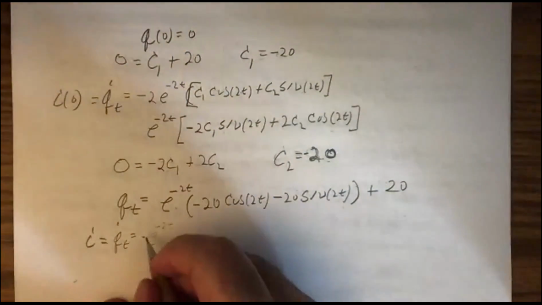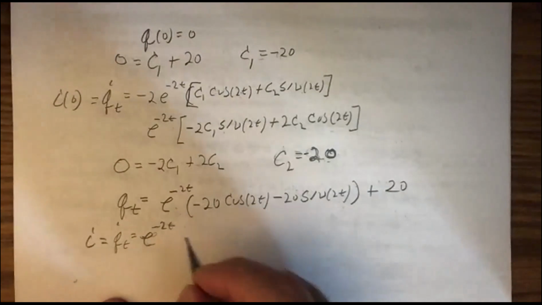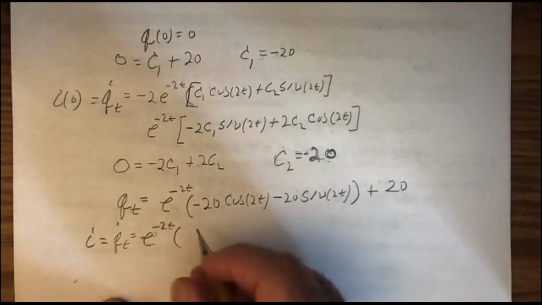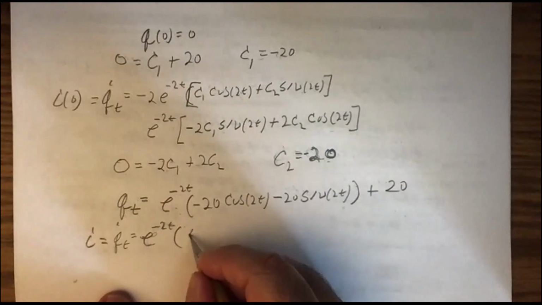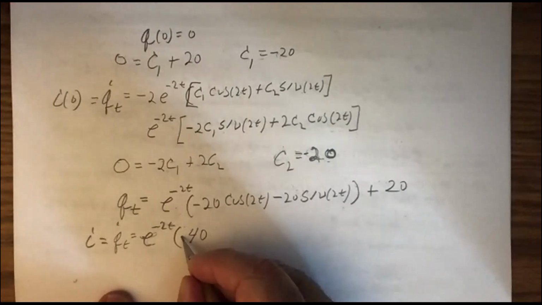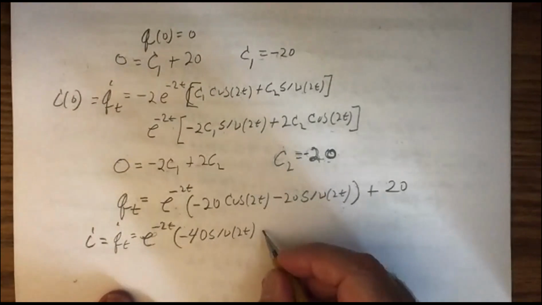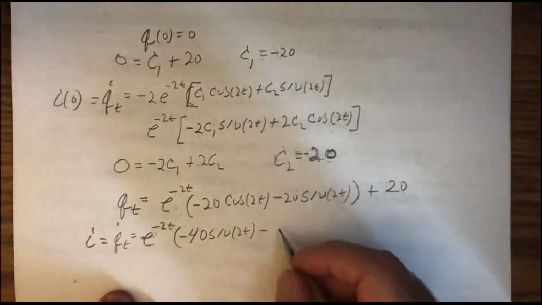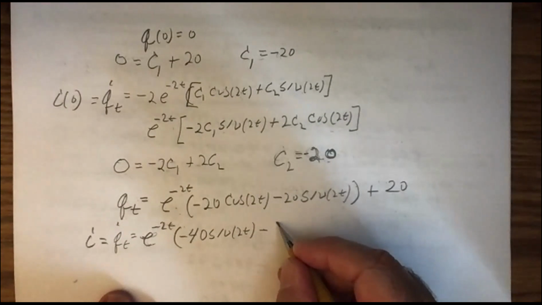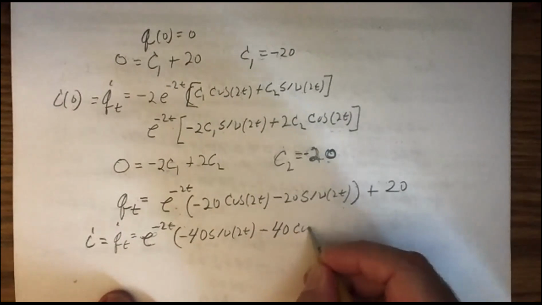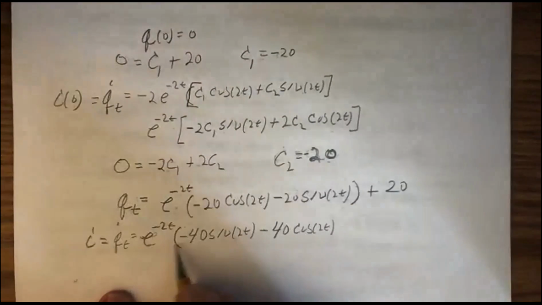So let's see what happens. I get e to the minus 2t, and then this is going to be 40 minus 40 sine, and then this will be 40 cosine, right?